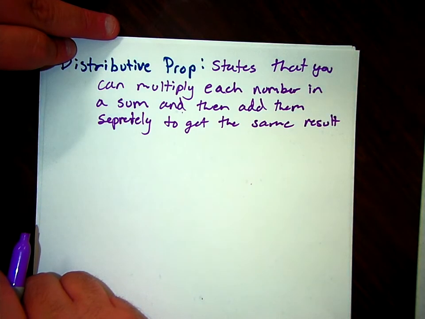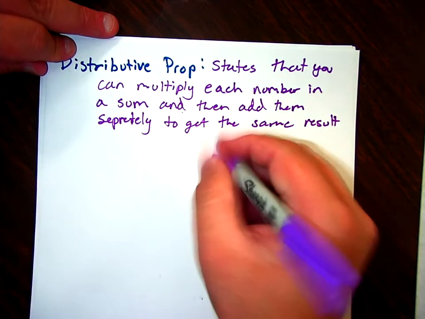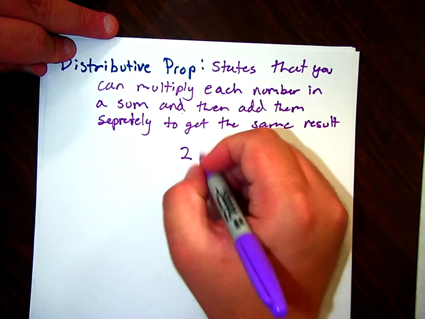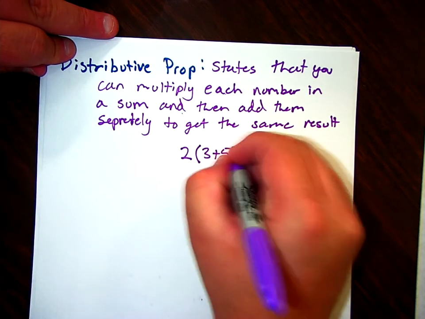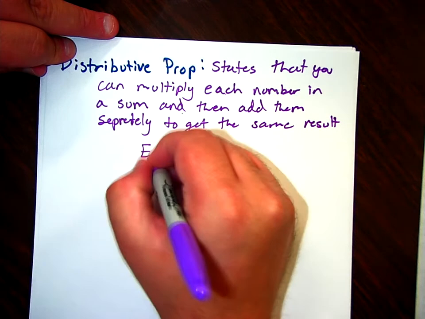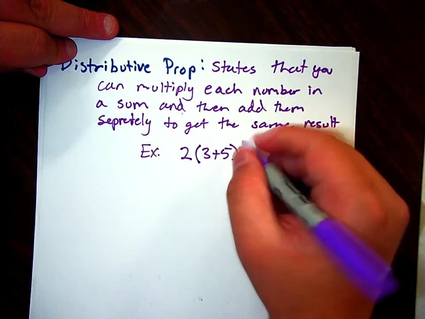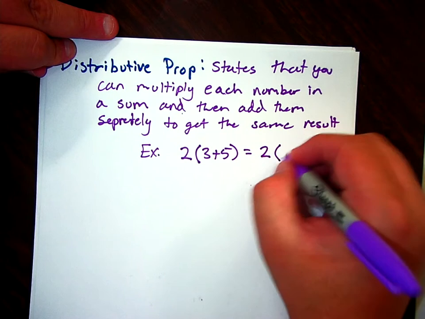And sometimes I know that can be a little confusing, so let's try it with numbers. Why not? Okay, and what it's saying is, if we took this 2 times, in parentheses, 3 plus 5, that should be the same thing if we distribute 2 across the 3 plus 5.